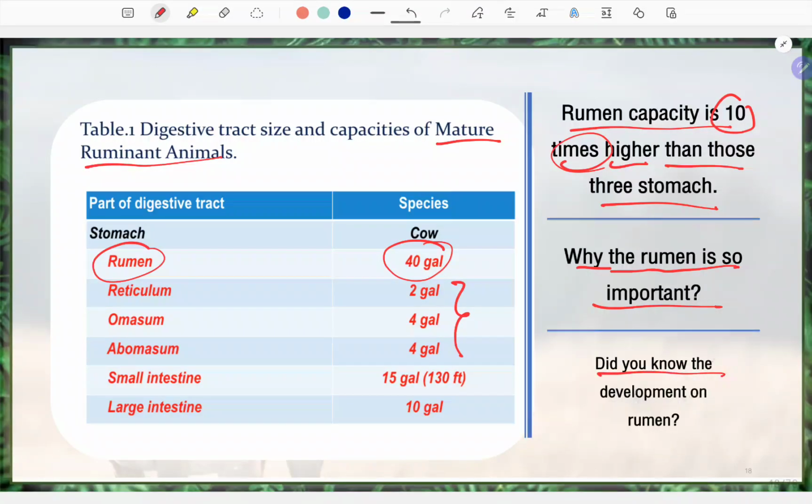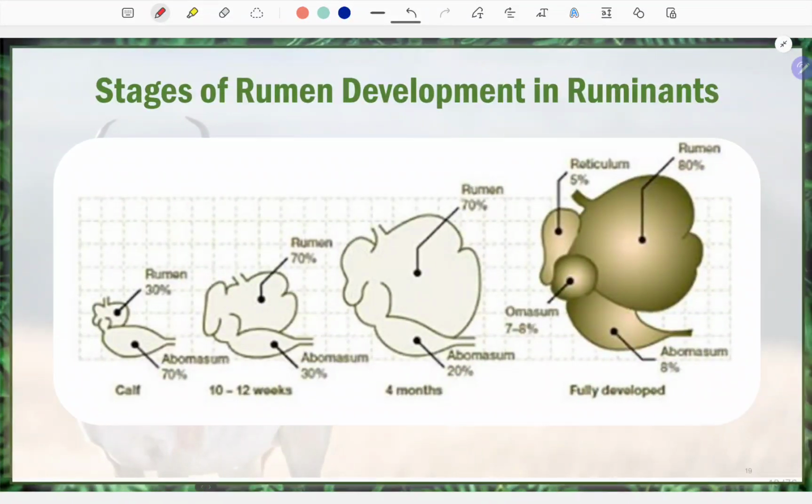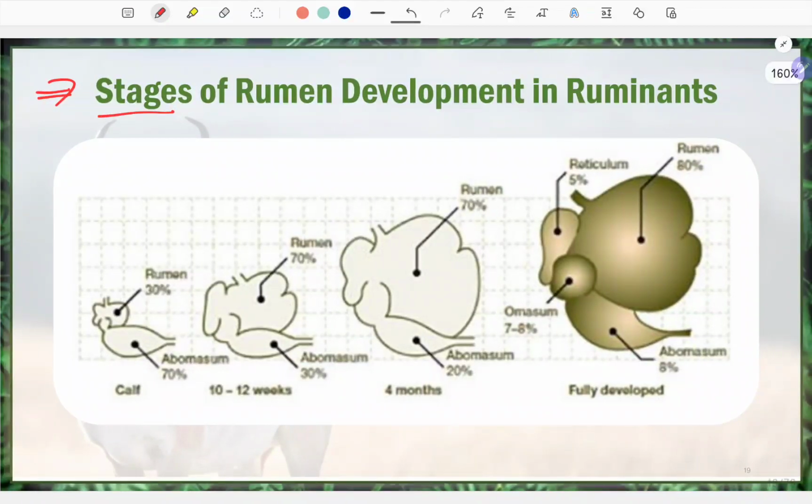So did you know the development of the rumen in the animal from birth to maturity? Okay, so this shows the state of rumen development in the ruminant.